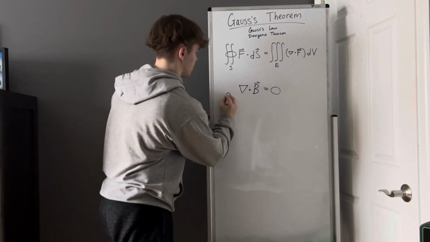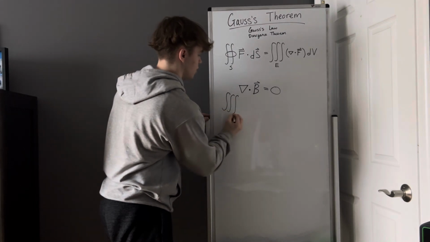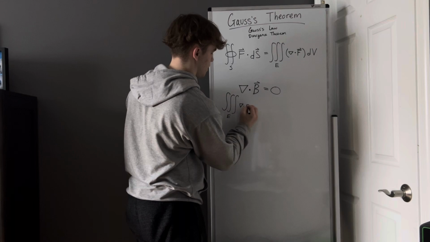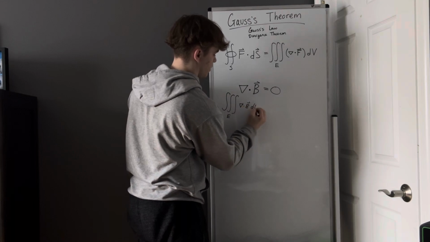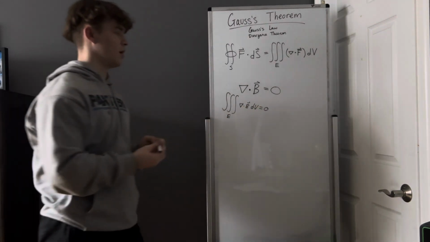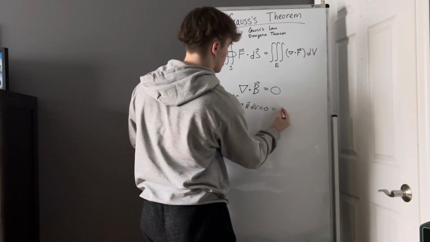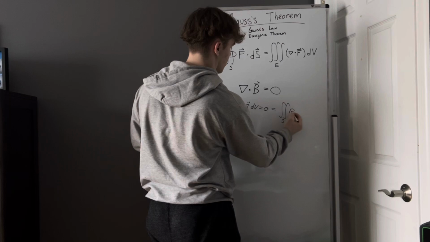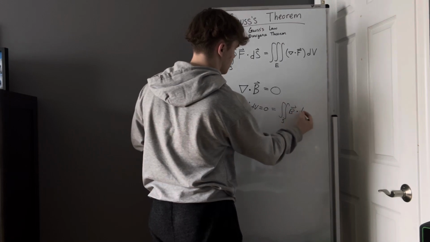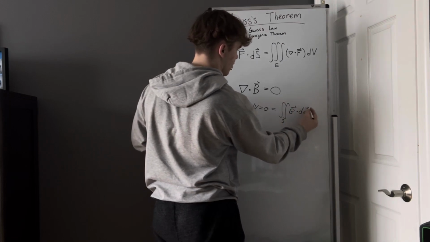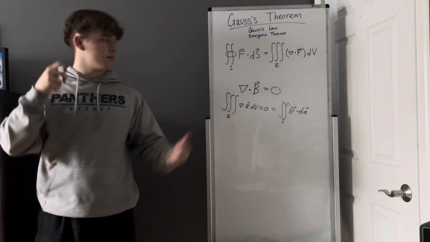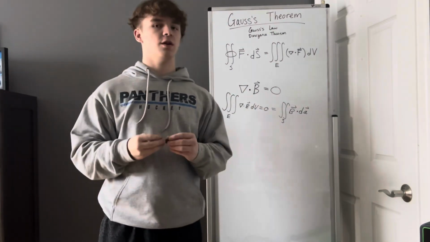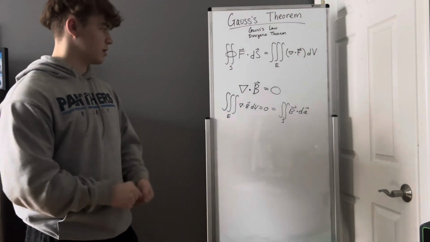This would tell us that the triple integral over E of del dot B dV still equals 0, and that would also equal the closed surface integral of B with respect to, I believe we use area in physics, although it's the same thing. It's not a capital A because we know respect to area just gives us 2 dimensions.